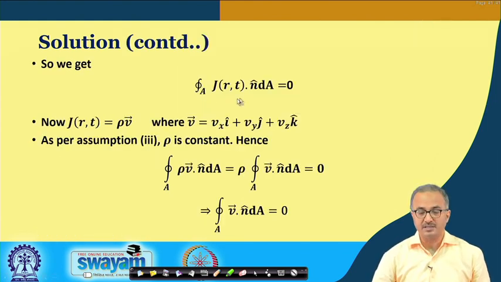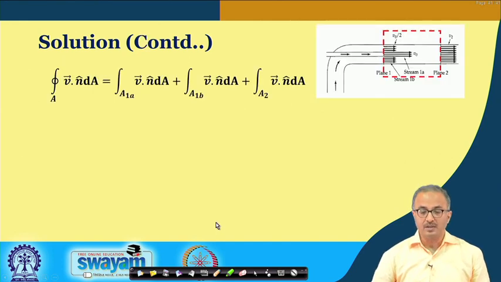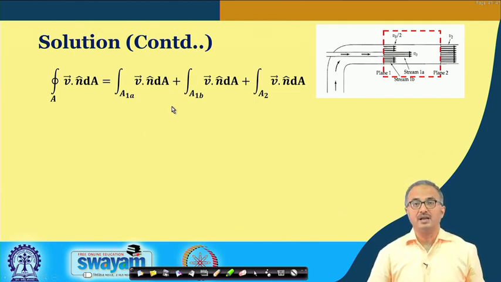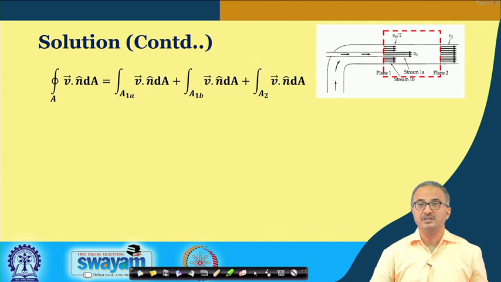Now for this J, we write rho into the velocity, and velocity has 3 components, and this density is constant, so it may be taken out of the integral. We are left with this equation, that is, V dot n dA over all the area. Now the velocity is associated with 3 streams.